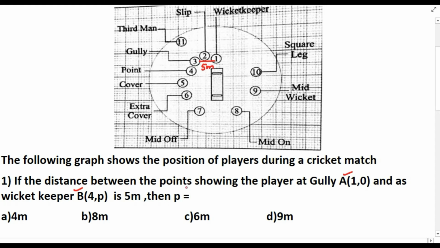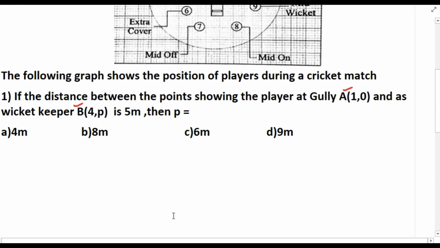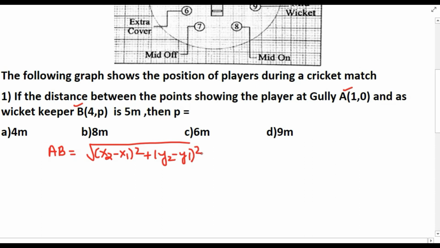Since the distance between these 2 points is given, we have to use the distance formula. So the distance between the points A and B, we know the distance formula is square root of (x2 minus x1) the whole square plus (y2 minus y1) the whole square.